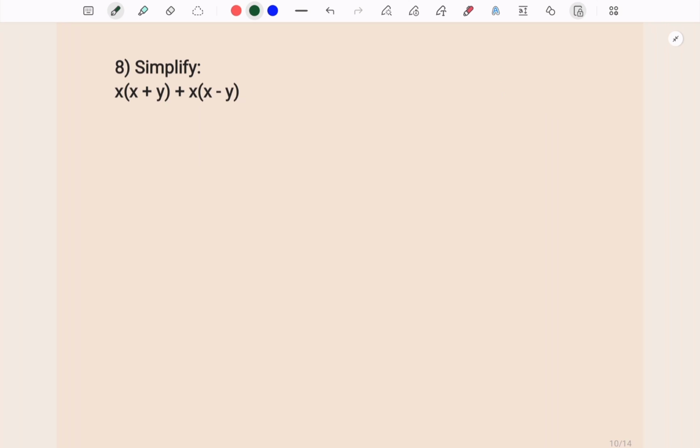Here we have two brackets, right? Let me write it down for you. x multiplied by (x plus y) plus x multiplied by (x minus y). We have two brackets. First, this x would be multiplied by x, and then x would be multiplied by plus y.